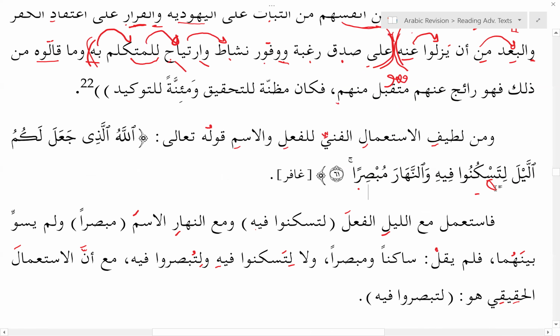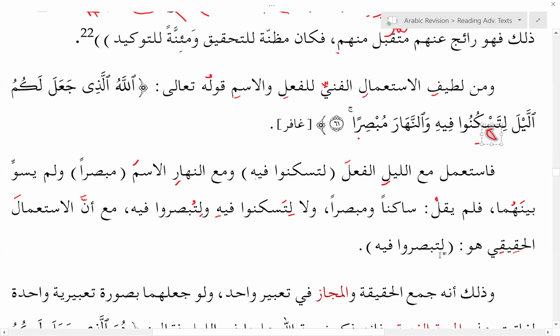Instead he could have said, given that the realistic way of saying it, or the realistic usage, if you will, is لتبصروا فيه. مع أن, this kind of template you can use to say despite or given that the realistic usage is لتبصروا فيه, or even with the fact that, or despite the fact that the realistic usage is لتبصروا فيه.